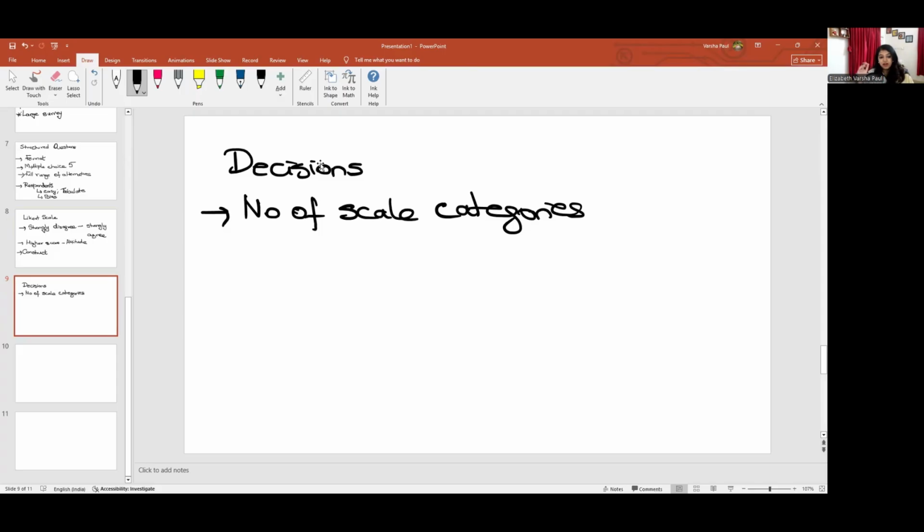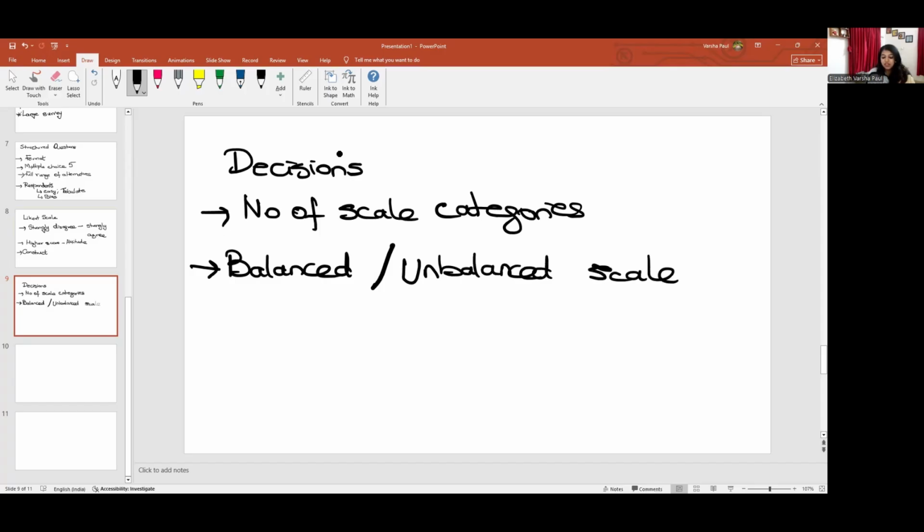The next decision based on the Likert scale is balanced versus unbalanced scale. Here, in a balanced scale, the favorable and the unfavorable categories are equal. In an unbalanced case, it's unequal, as I said.